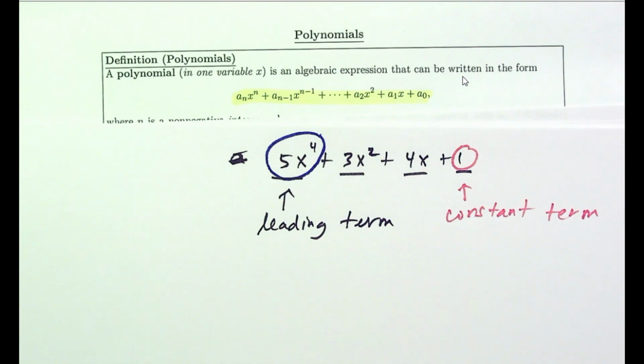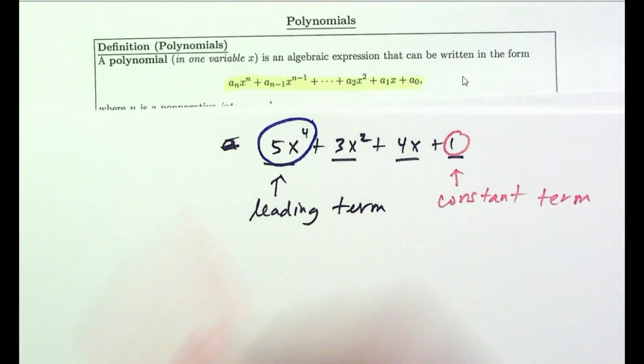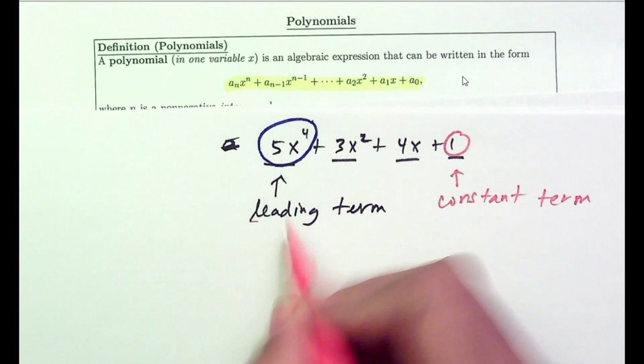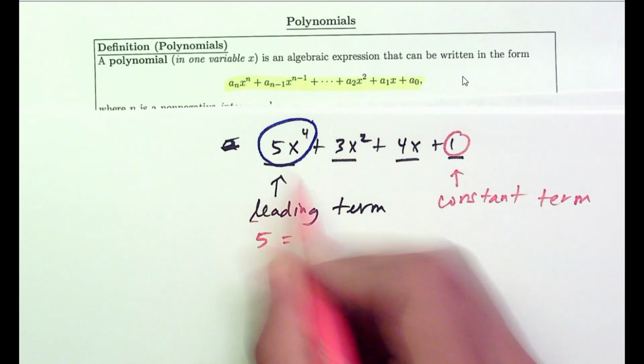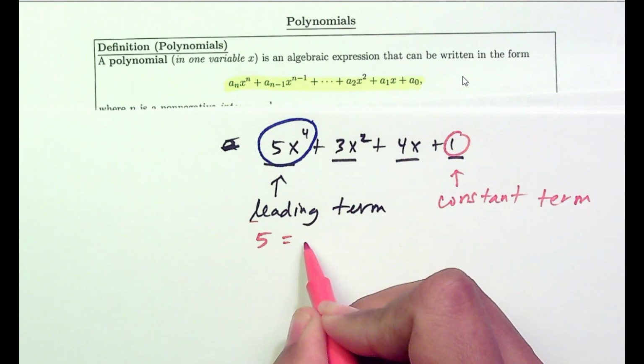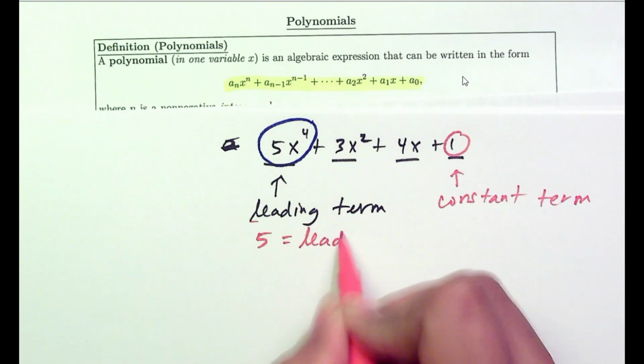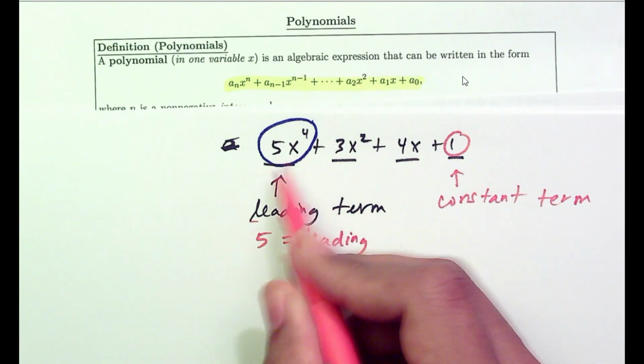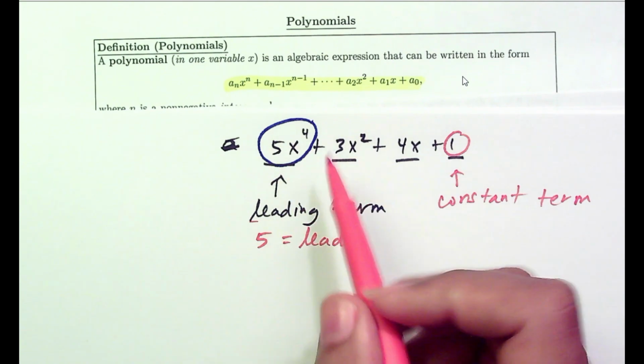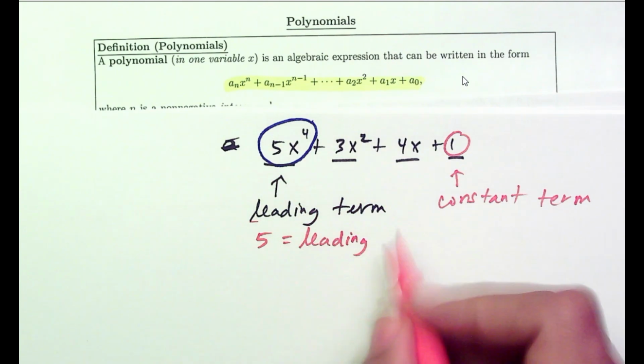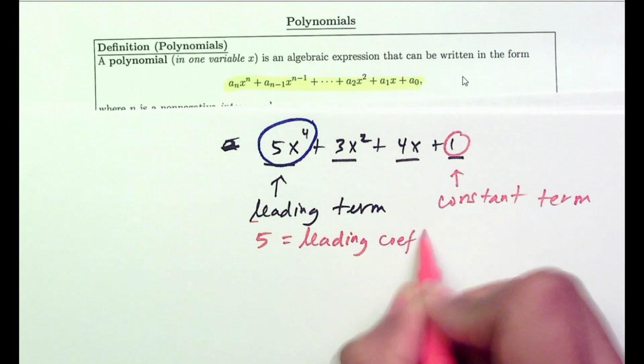And the 5 in the leading term, in this example, is called the leading coefficient. So the number that is in front of the leading term, the coefficient in front of the leading term, is called the leading coefficient.